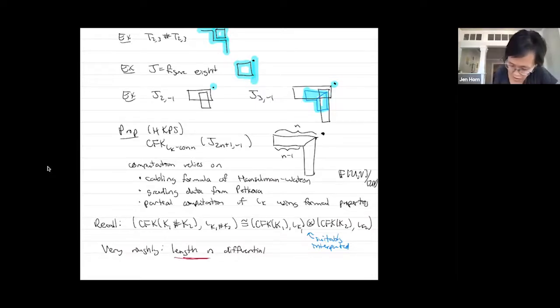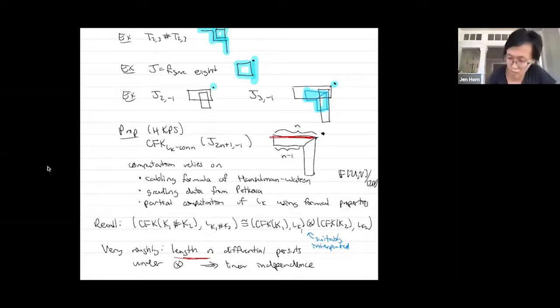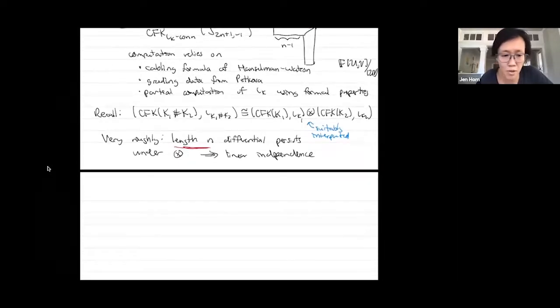This length n differential is the one right here. The point is that this persists under the tensor product, and that's enough to give us linear independence. Okay, so that's a sketch of the proof.